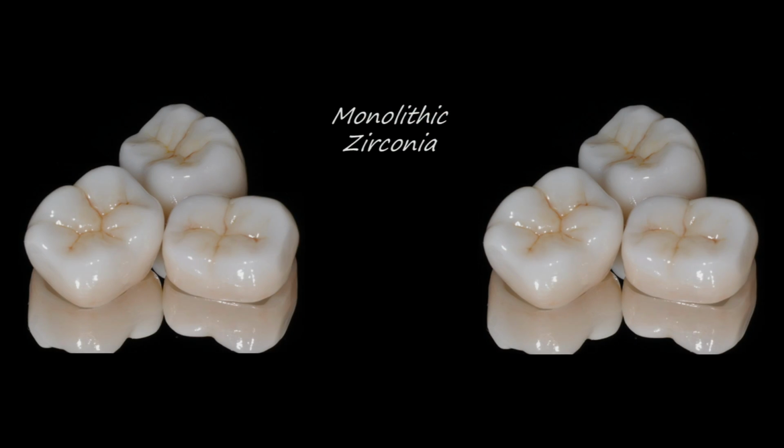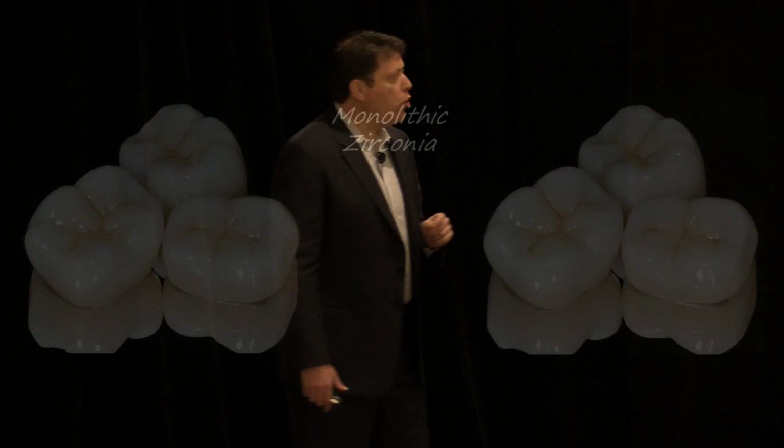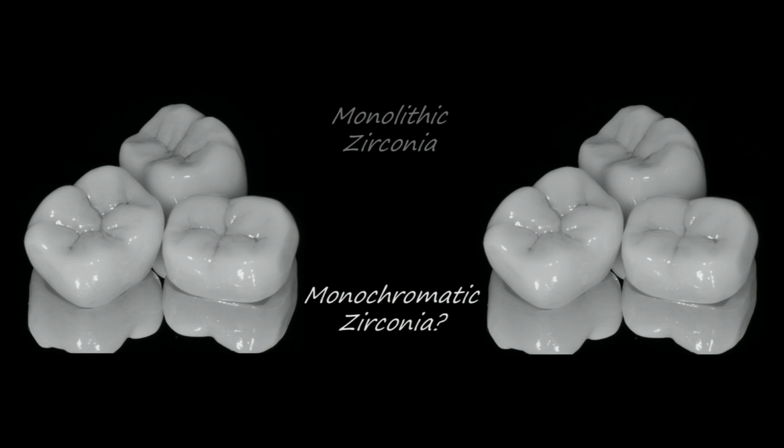The other option that we have now is monolithic restoration, monolithic zirconia. And the questions that we should ask ourselves when we think of monolithic zirconia are, A, does that mean that we're going to have a monochromatic zirconia? Are we going to have a monochromatic restoration?